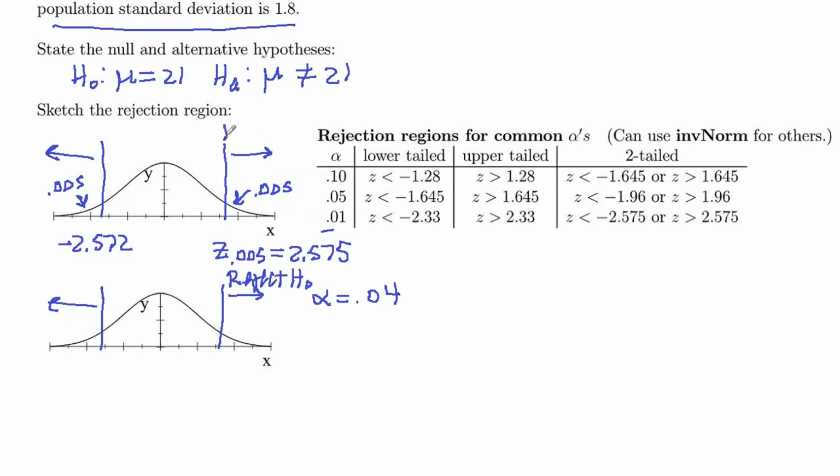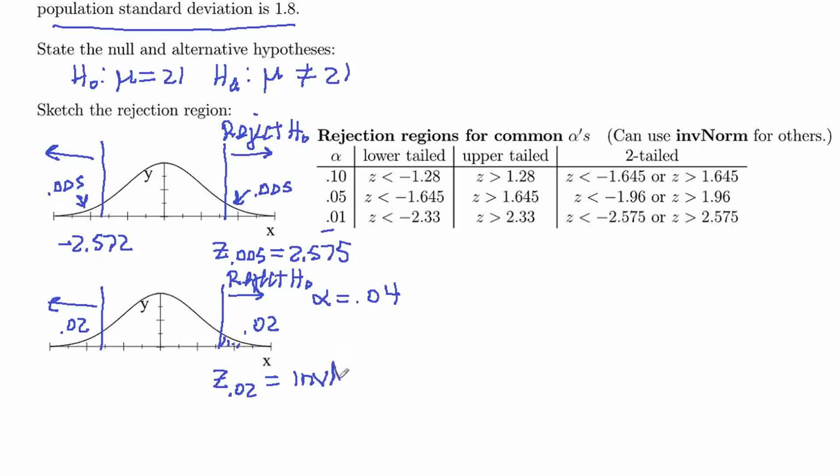The alpha is split equally between the tails, because remember, alpha is the area of the rejection region. So this right here is going to be 0.02, and this over here will be 0.02. This z value is going to be the z-score with 0.02 to the right. That's our z alpha. We can get that by doing inverse norm.